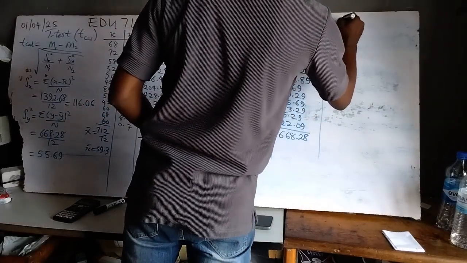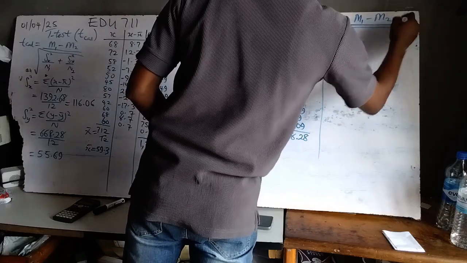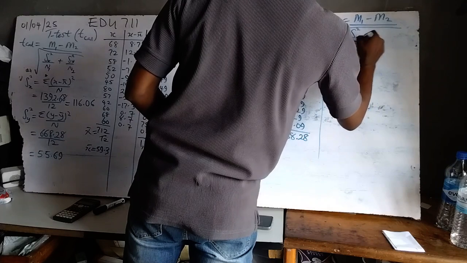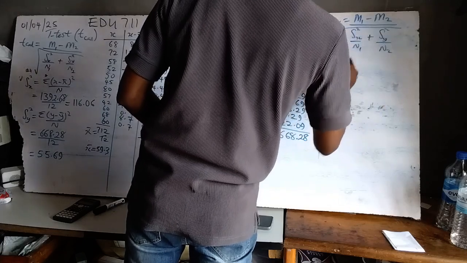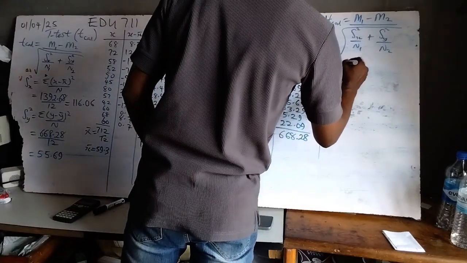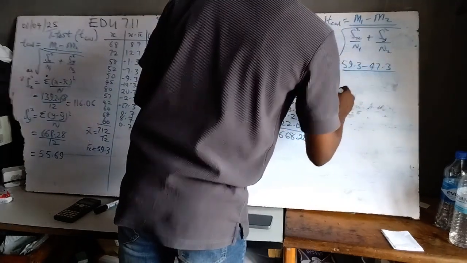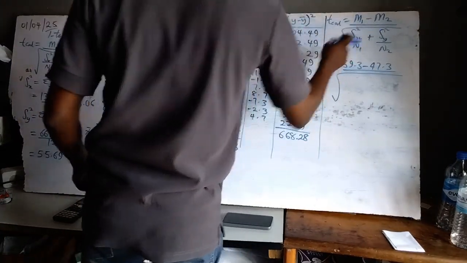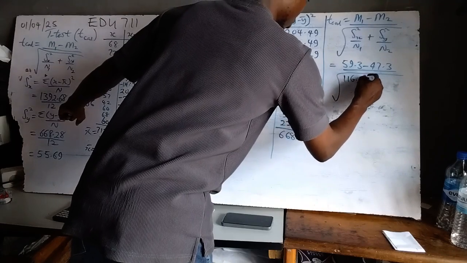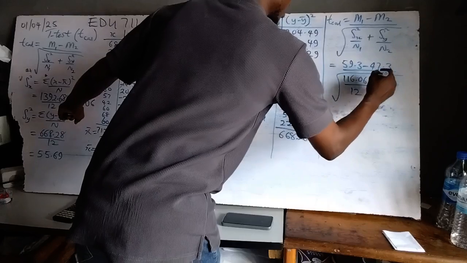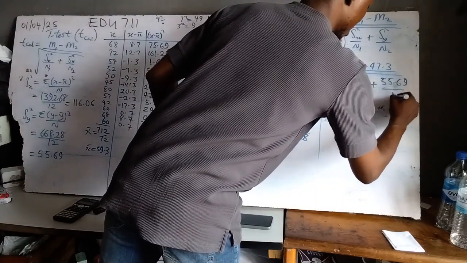So our theta equals m1 minus m2 over the square root of s squared of y over n1 plus s squared of y over n2, and that gives us our m1 is 59.3 minus m2, 47.3, divided by the square root of our s squared, which is 116.06 divided by 12, plus s squared of y, which is 55.69 divided by 12.